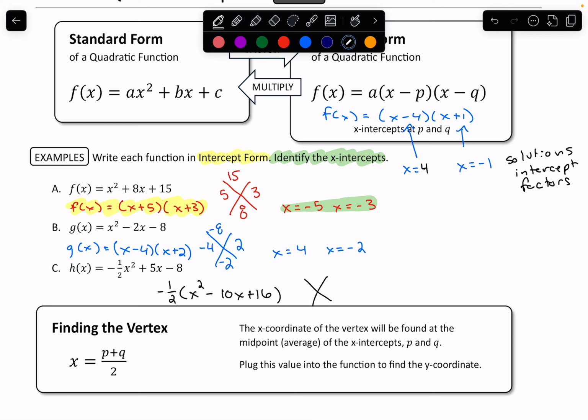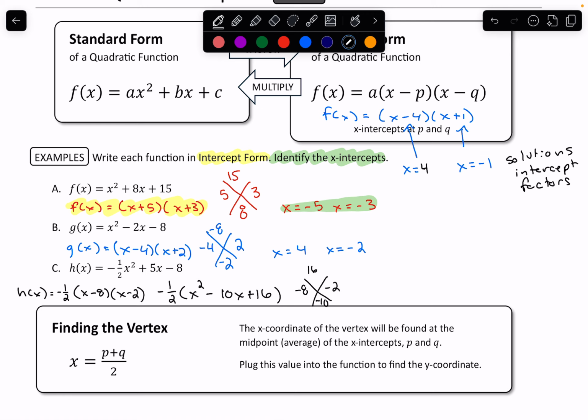So I do my big X, I put 16 on top, -10 on the bottom. My numbers are going to be -8 and -2 because they multiply to 16 and add up to -10. So h of x can be rewritten as -1/2 times (x minus 8)(x minus 2).